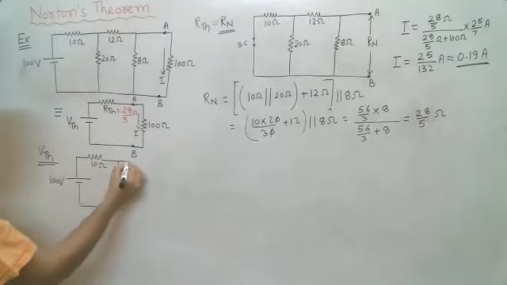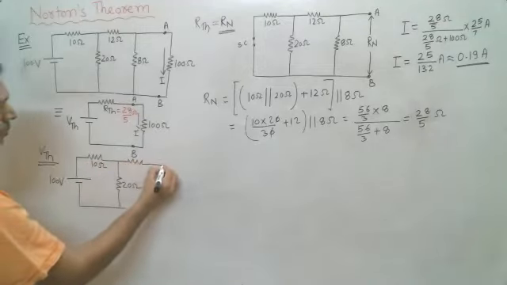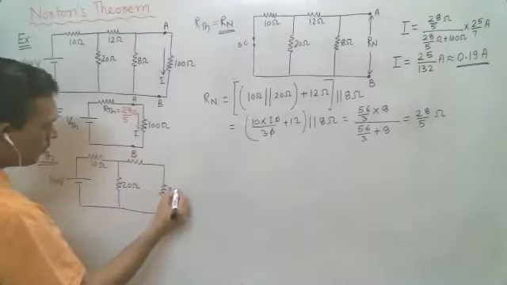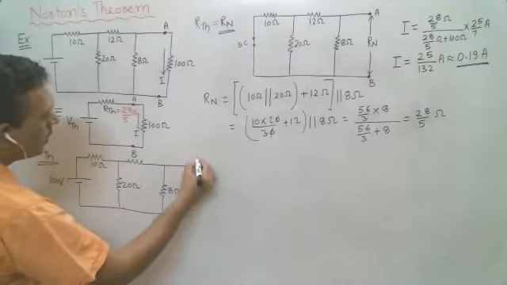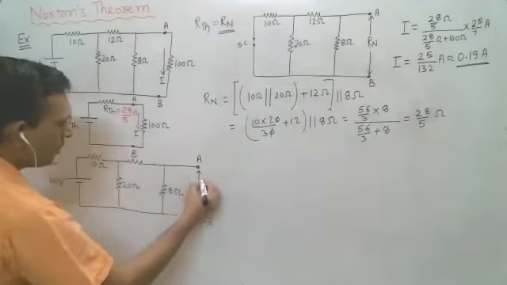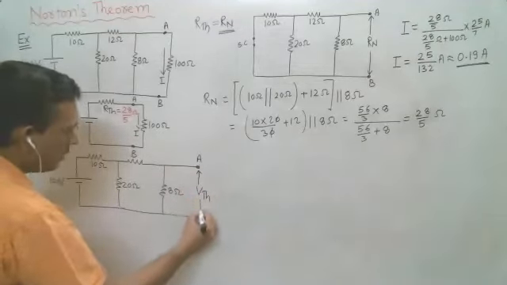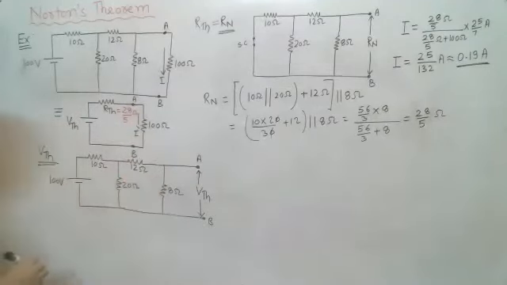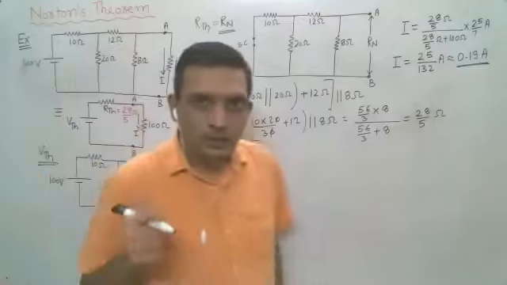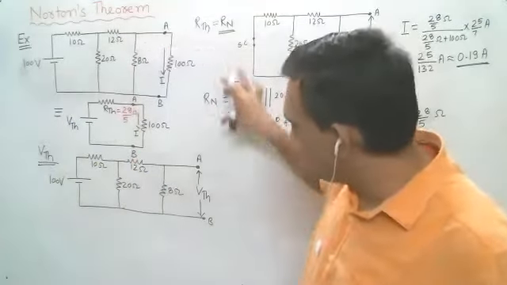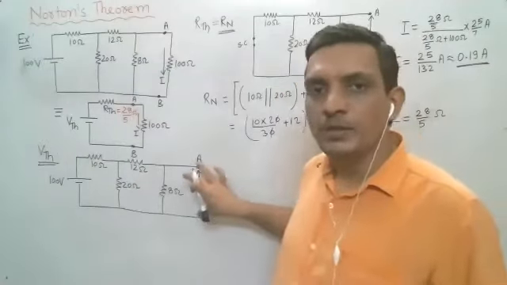This is 10 ohm. This is 8 ohm. This point is A and this point is B. So this drop is Vth. This is the open circuit voltage. This is 12 ohm. So you can easily find Vth. Remove the load resistance and measure the open circuit voltage.